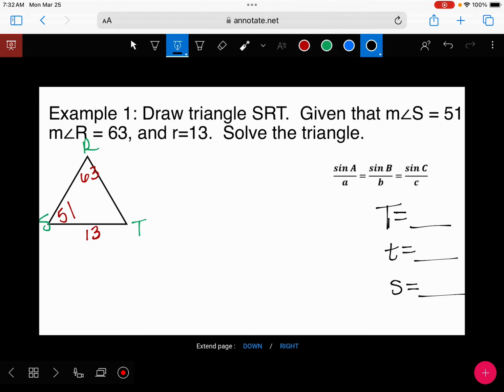The easiest thing to find is big T, right? How can you find big T? 180 minus 51 minus 63.